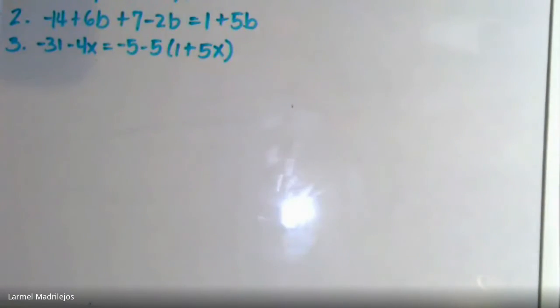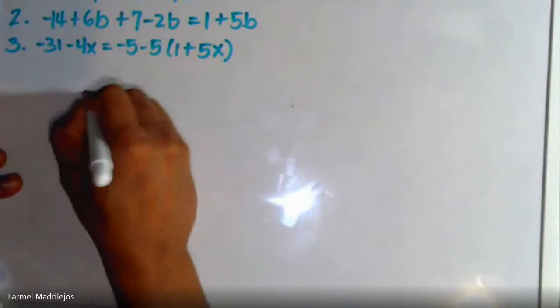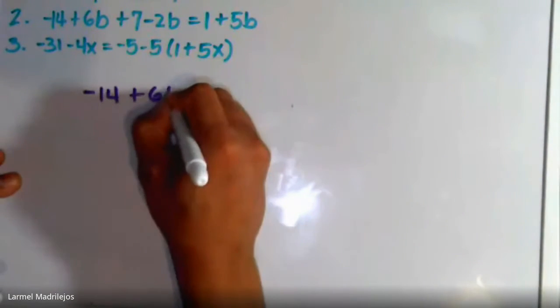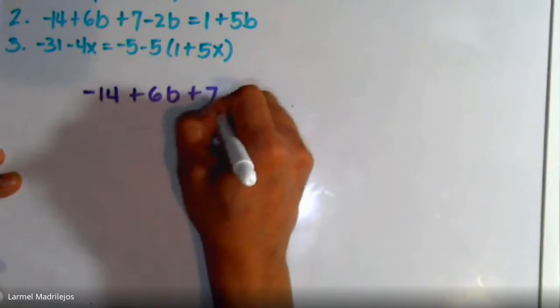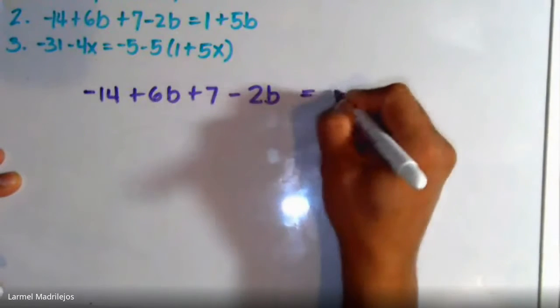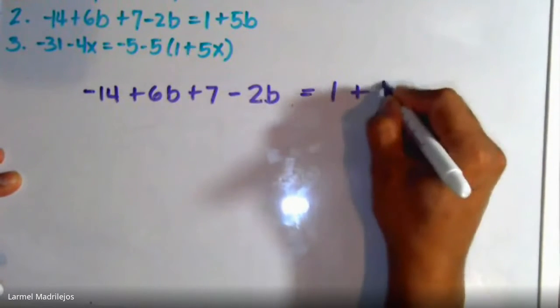The second question looks tedious, so many things. It's negative 14 plus 6b plus 7 minus 2b equals 1 plus b.